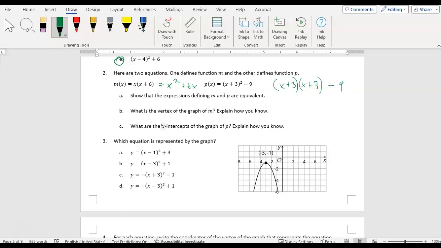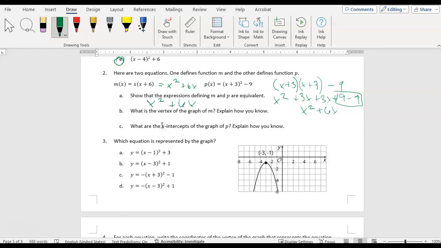Again, subtracting 9 from that. So the first thing I'm going to do from PEMDAS is my parentheses. So x squared plus 3x plus 3x plus 9 minus 9 is going to give me x squared plus 6x. 9 minus 9 is 0. So I have proven now that these are equivalent. So we get x squared plus 6x for both of them.